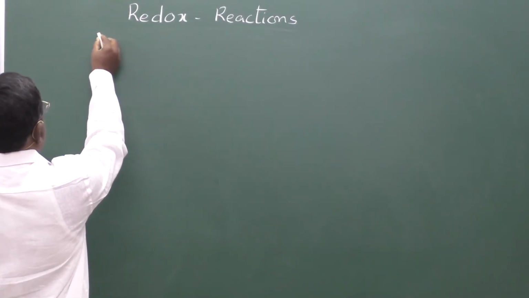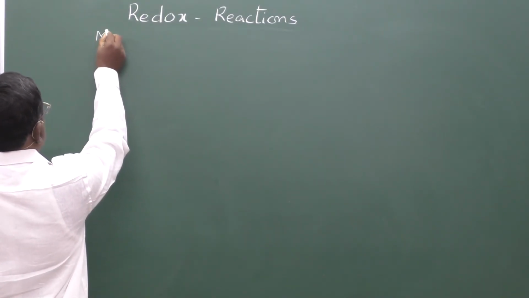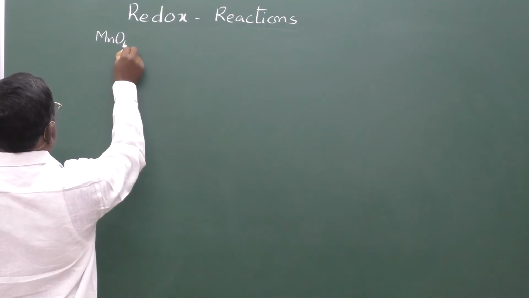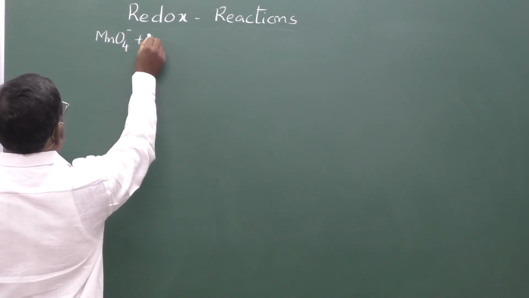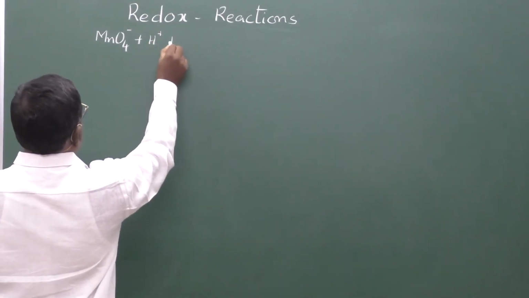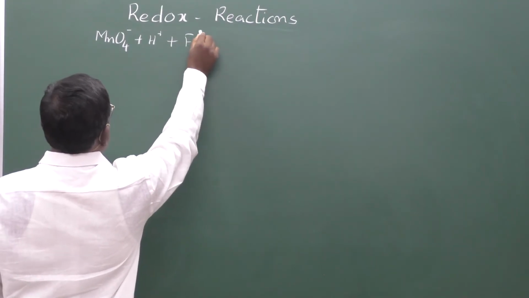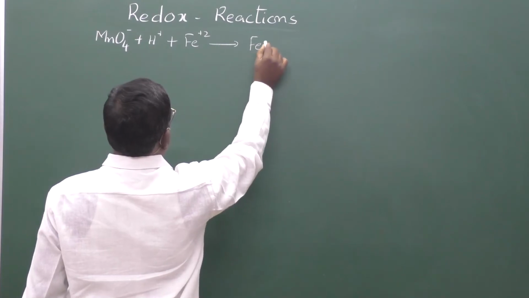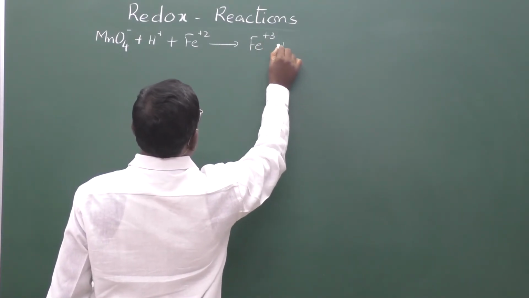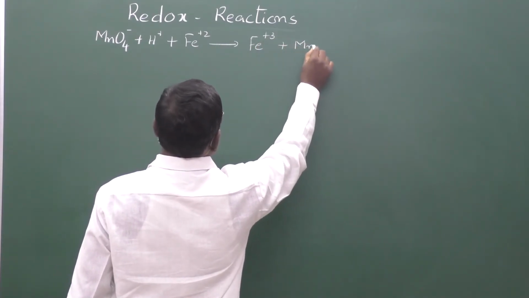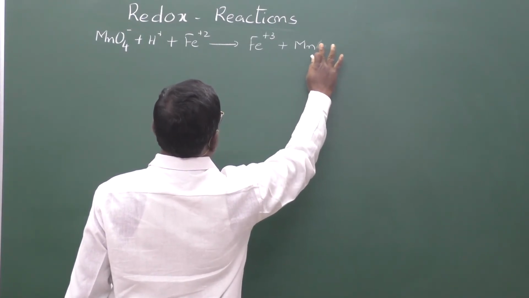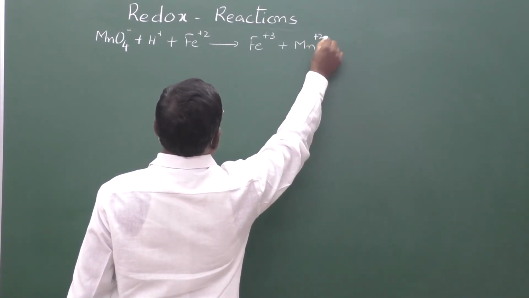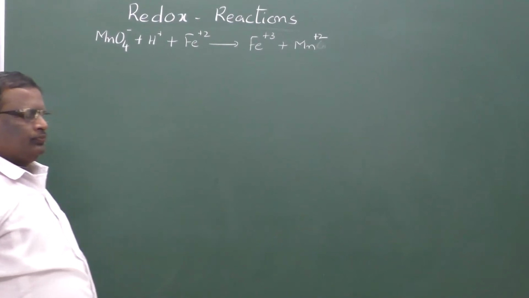For that, the ionic equation is MnO4 minus plus H plus plus Fe plus 2 gives Fe plus 3 plus Mn plus 2. This is an ionic equation.